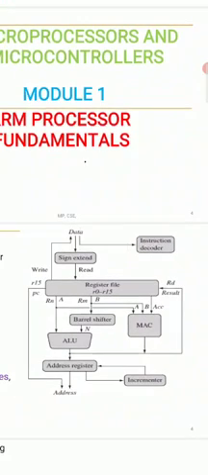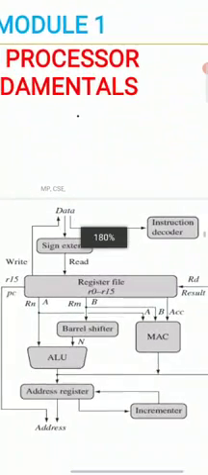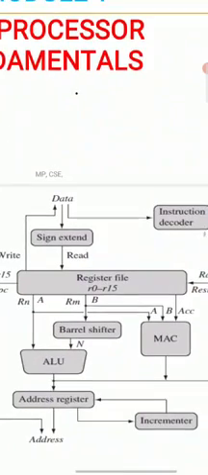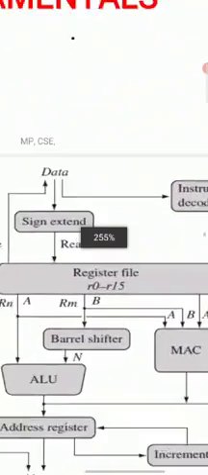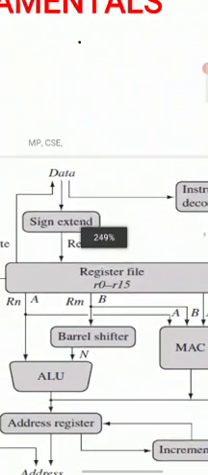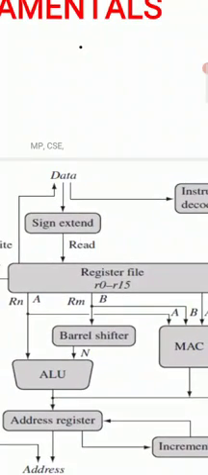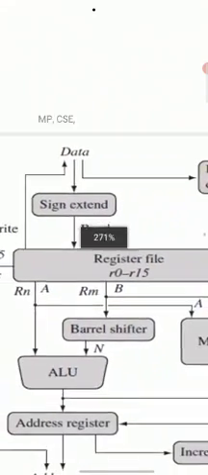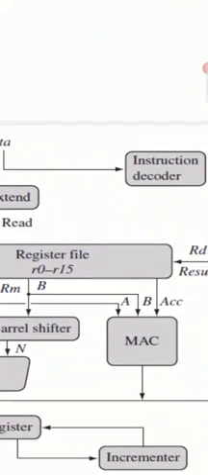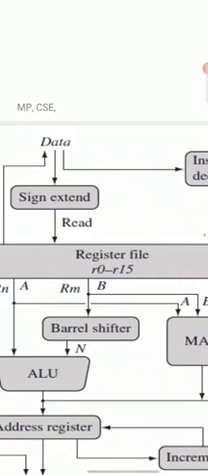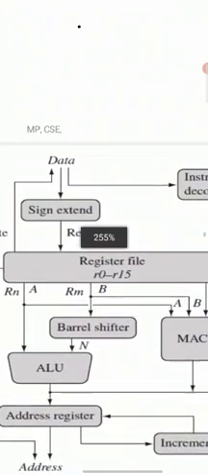Suppose I take MOV R0, 10: 10 is moved to the R0 register. Then MOV R1, 15: 15 is moved to the R1 register. Now ADD: it goes to the ALU, the addition is done, and the result is stored back in the register you mention. This is how the structure works.